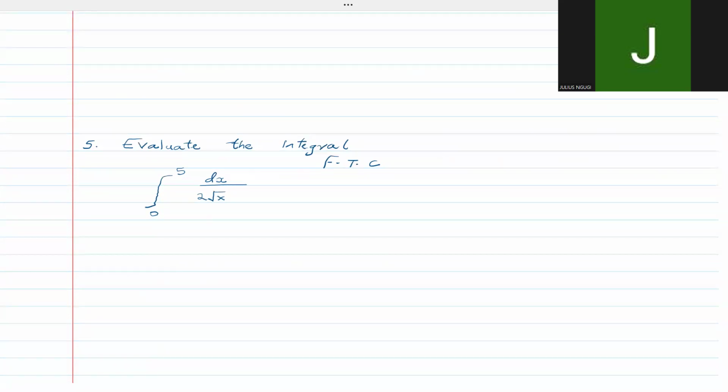So we ought to then find this integral using the limit. So this is the same as now using the limit. I can say, let's say A approaches 0 from the right side, and then we have the integral from A to 5 of the function dx over 2 root x.